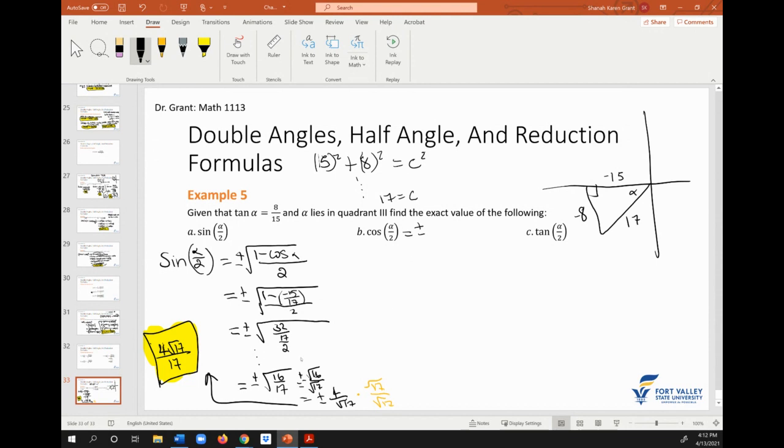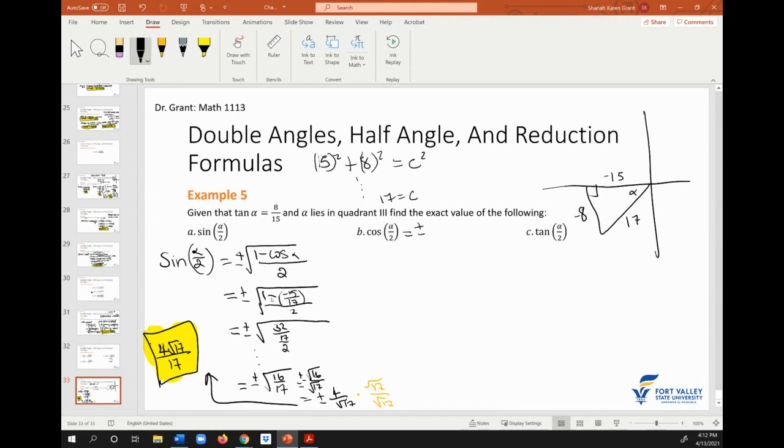So this was plus or minus 4 over root 17. It was negative 15, and this became a positive.